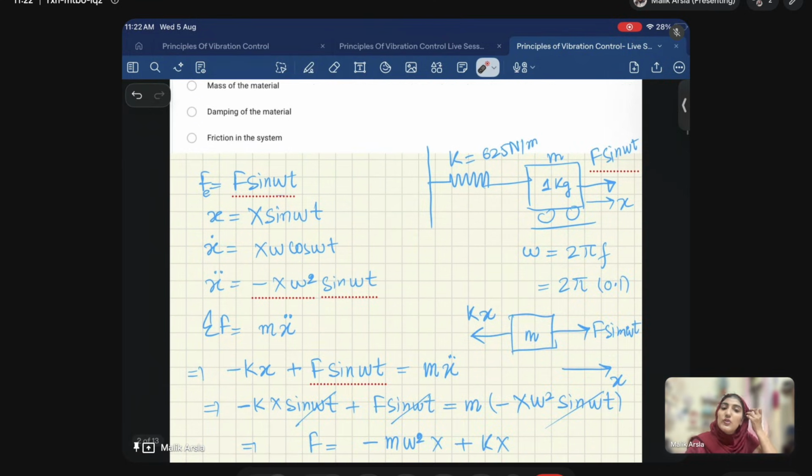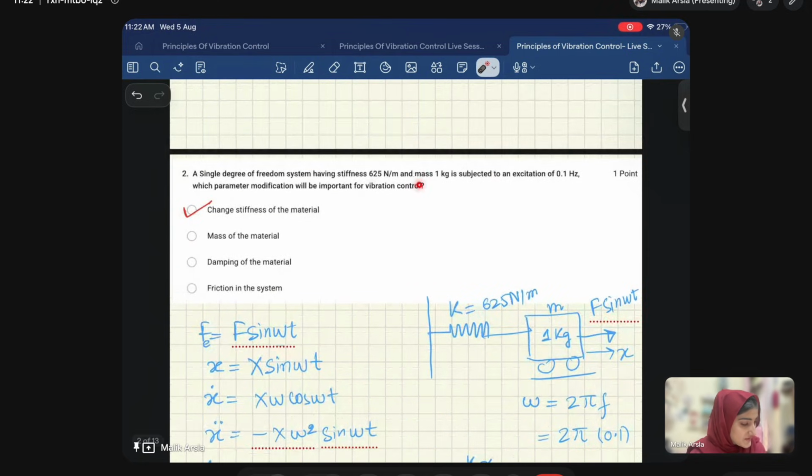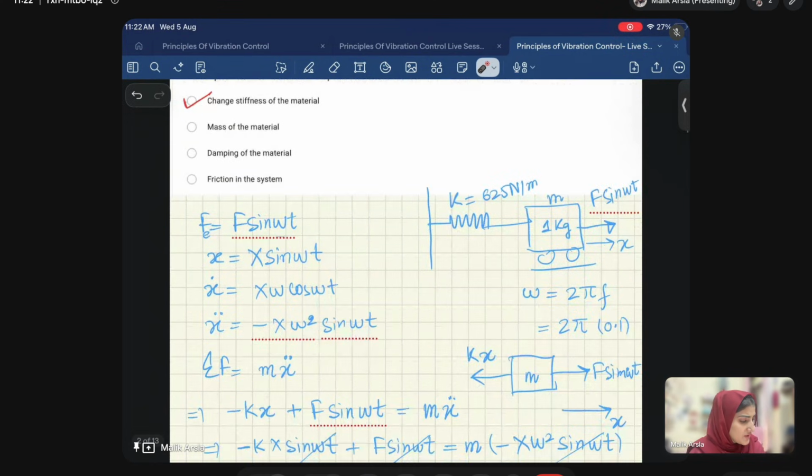Now according to Newton's law, we know that the summation of forces should be equal to m x double dot. Since only stiffness and mass have been mentioned, we will not consider a damper. So our system is a spring mass system basically.